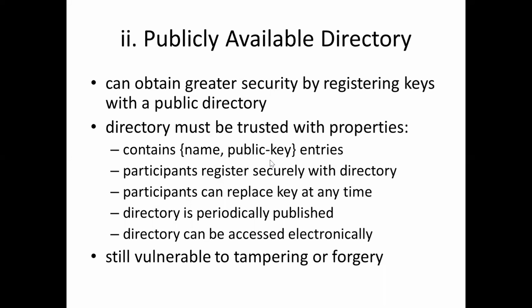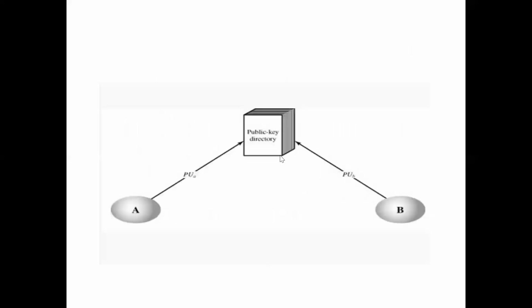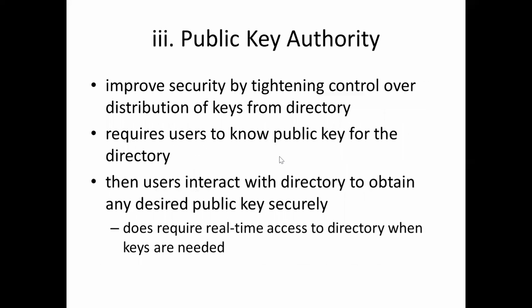Distribution of public keys can be done in four ways. One is public announcement. The second is publicly available directory. The third is distributing the public keys by a public key authority.